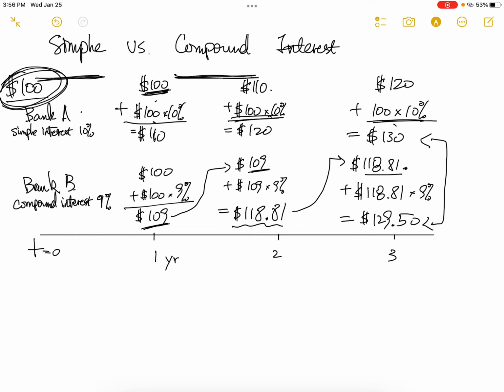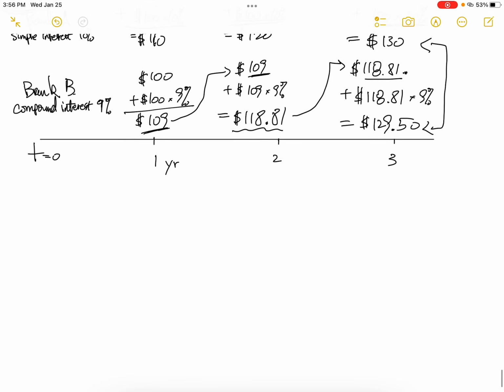So you can see that simple interest, if you just remember this graph in general, let's say the starting point is $100 and this is time.